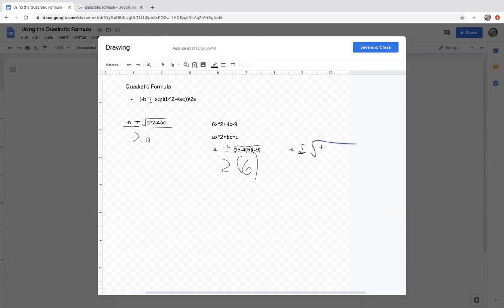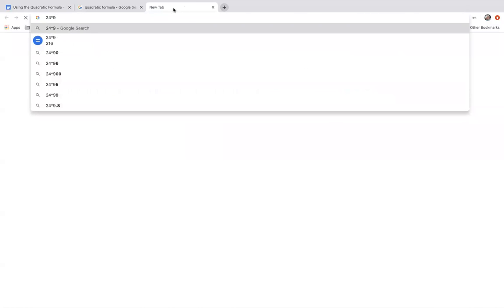of 16 minus 4ac. So it'd be minus 24 times 9. You can use a calculator if you want. That's what I'm going to do. 24 times 9, it's just 216.